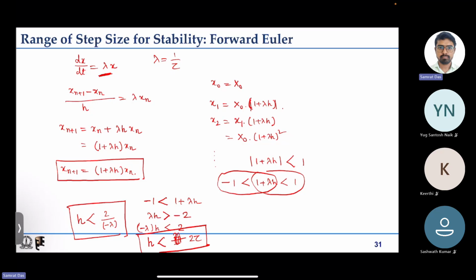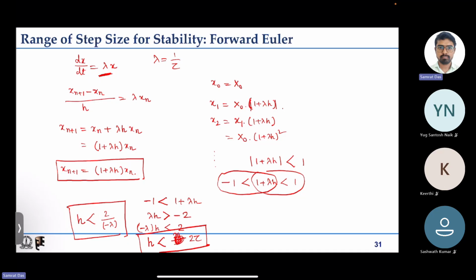If our h value is more than 2 times the time constant of the system, then even if our actual system is stable, because of discretization, the response of the system will go to instability. We will also see this in MATLAB Simulink by solving that for different step sizes.